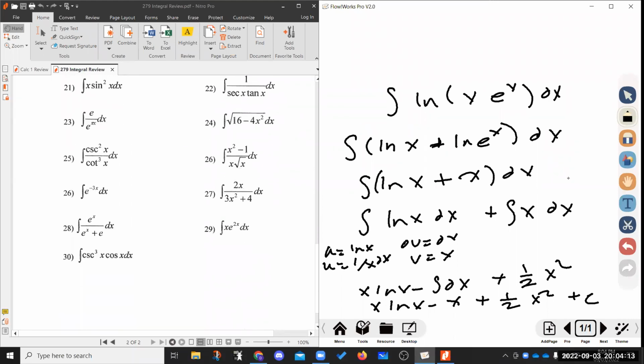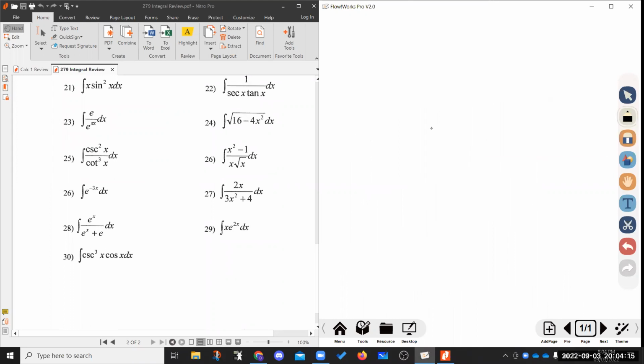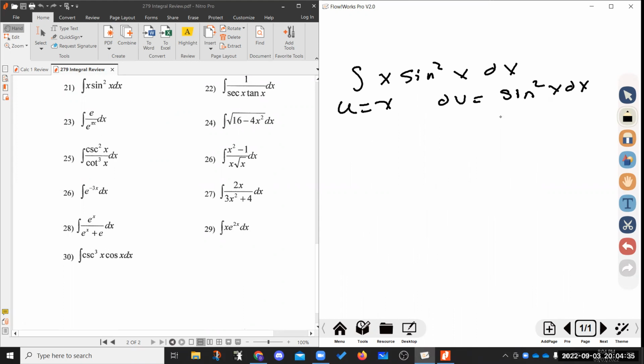Number 21 is going to be the integral of x sine squared of x dx. So we're going to let u be equal to x, dv equal to sine squared x dx. We're going to want to use a power reducing formula for this.